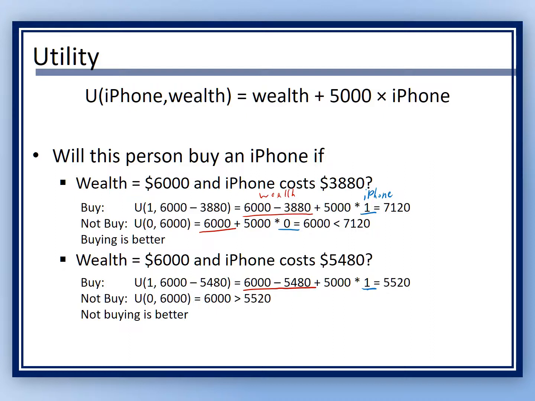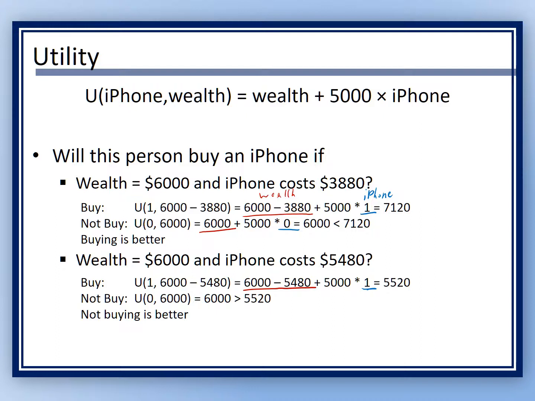Yes, we can. $1 increases the utility value by 1. One iPhone increases the utility value by 5,000, right? So that means that if an iPhone is more expensive than $5,000, then it's not worthwhile. That's the explanation. That's what the formula captures.